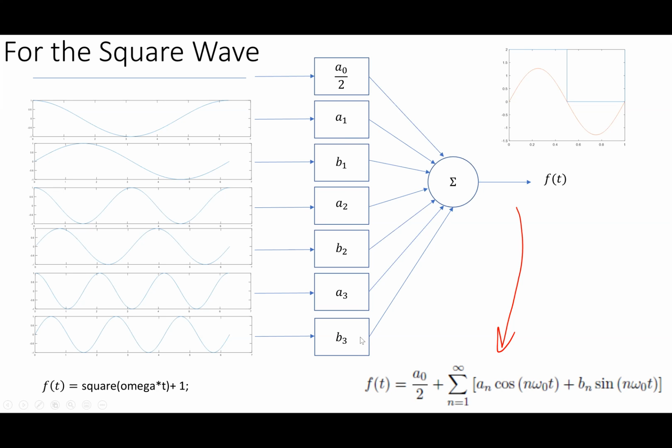In my mind, these numbers here, an and bn, are what I call my Fourier series coefficients. There's a coefficient that multiplies each of the harmonic terms. So we call those our Fourier series coefficients.